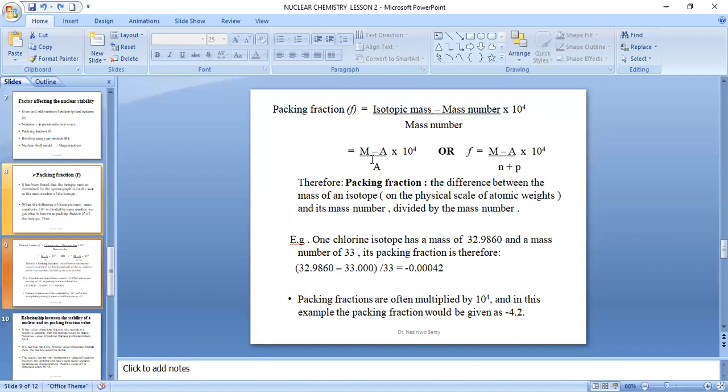If we apply that here, we get the isotopic mass, which is 32.986, minus the mass number, which is 33, divided by the mass number, we shall get negative 0.00042. Then we said that the packing fraction is often multiplied by 10 to the power 4, so this answer will be negative 4.2.